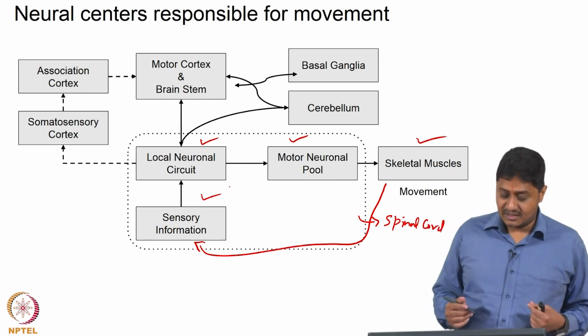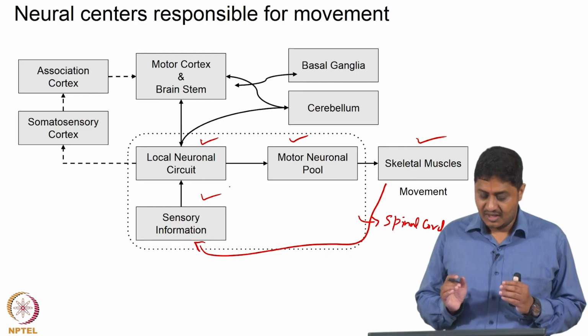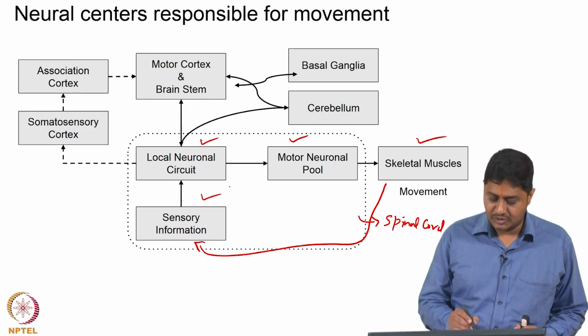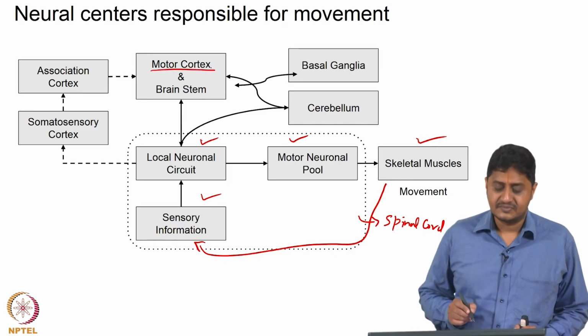And we have discussed how the spinal motor neuron circuitry and its function is controlled to a large extent by the motor areas of the cortex.